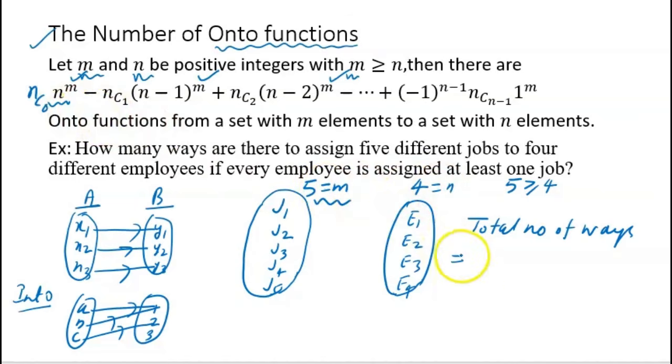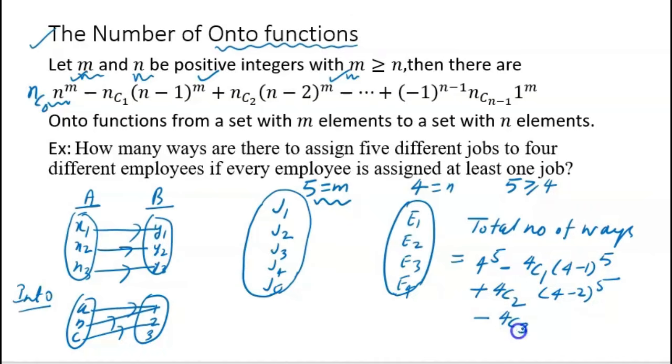So first is n to the power m, so I will write 4 to the power 5, minus 4C1 times 4 minus 1 to the power 5, plus 4C2 times 4 minus 2 to the power 5, then minus 4C3 times 4 minus 3 to the power 5. Now, did you note how many terms I have written?